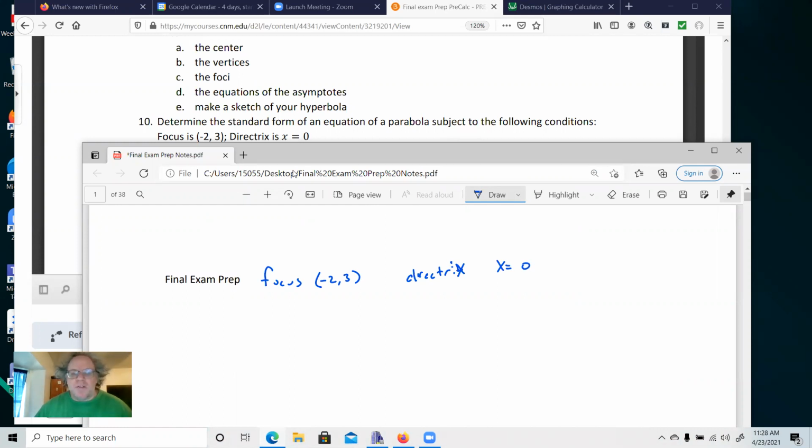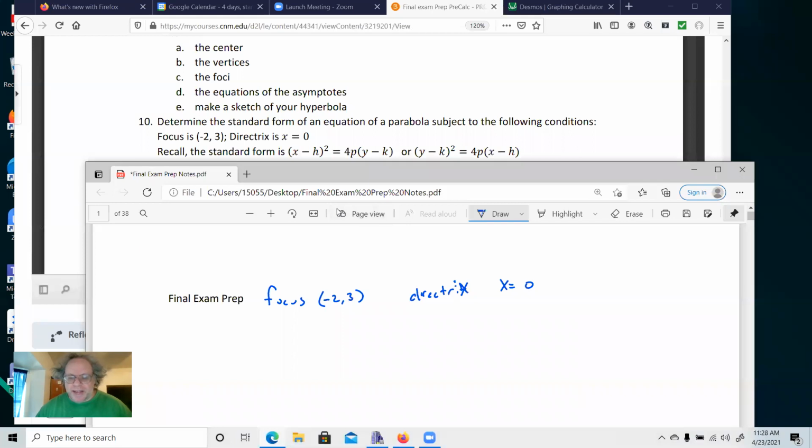And we know that the format looks something like (x minus h) squared equals 4p (y minus k), or (y minus k) squared equals 4p (x minus h).